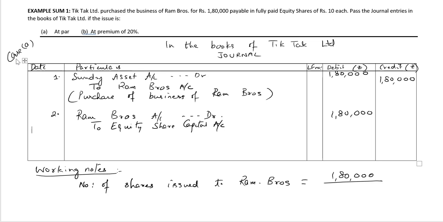The face value of the share is rupees 10. In case A, the share has been issued at par, so the issue price is also rupees 10. Therefore, the number of shares is 18,000 equity shares.